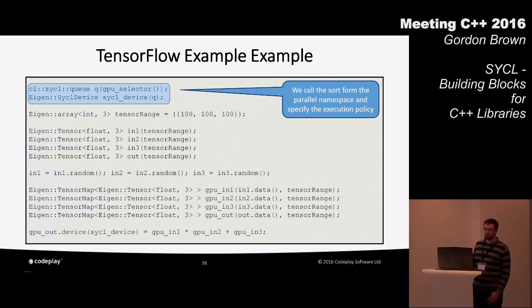And then the tensor maps essentially allow you to view a certain part of a tensor. In this example, we're viewing the same part of the tensor, but tensor maps allow you to view the tensor in a different way. So you can switch between row and column major, or you can view a slice of the tensor, that sort of thing. And at the bottom there, you see we use this compile time DSL to do a multiply add, and then the assignment will execute that operation on SYCL.